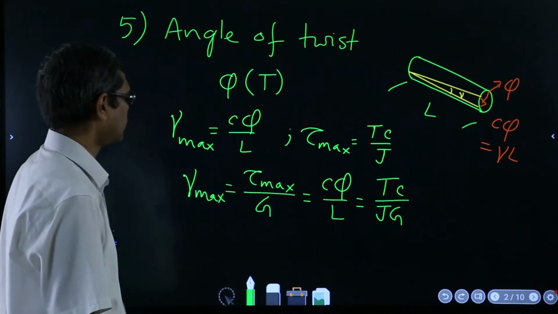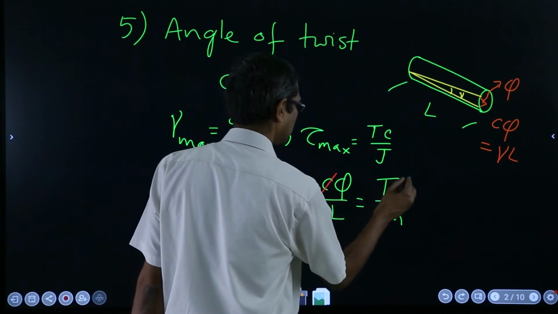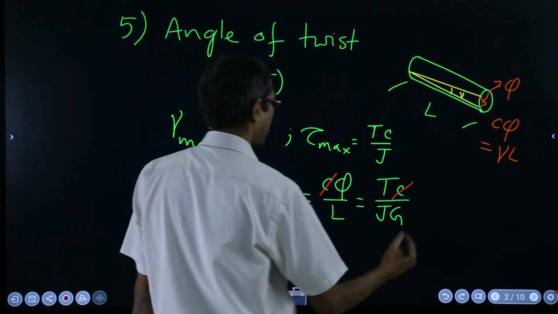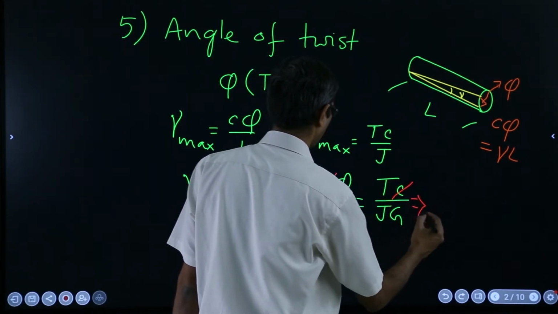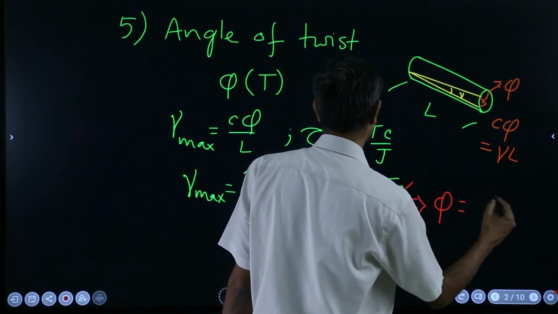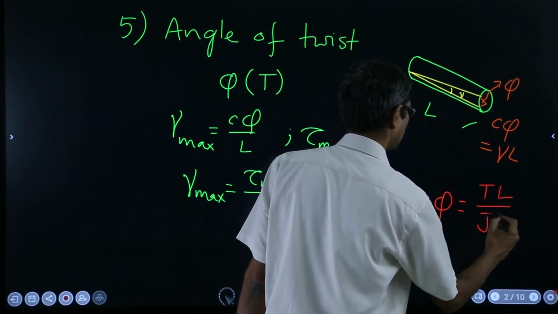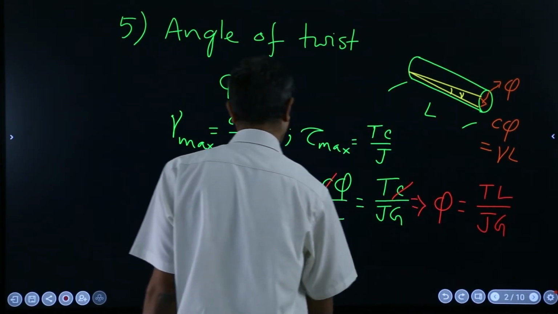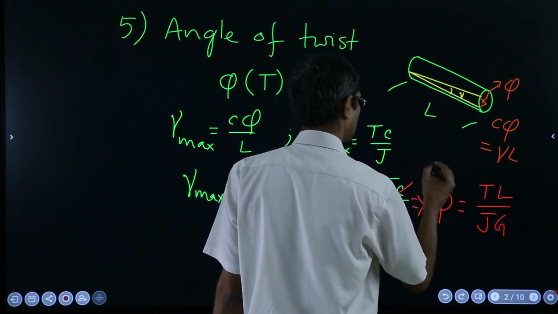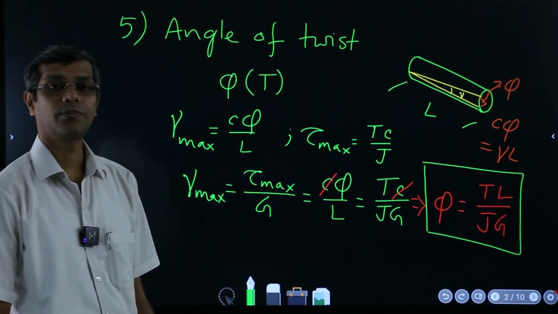Fine. So from here, this C gets cancelled out, and we have phi is equal to TL over JG, right. So this is what I was talking about.